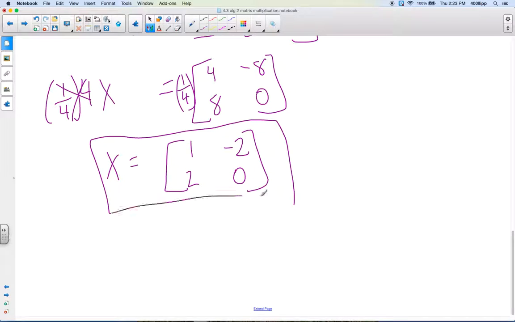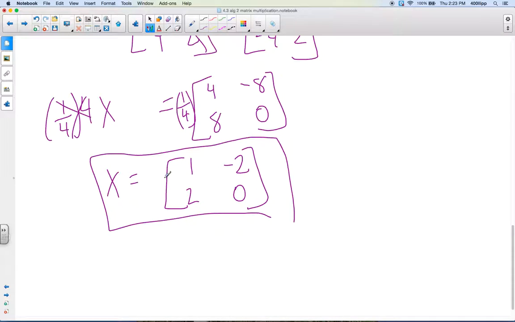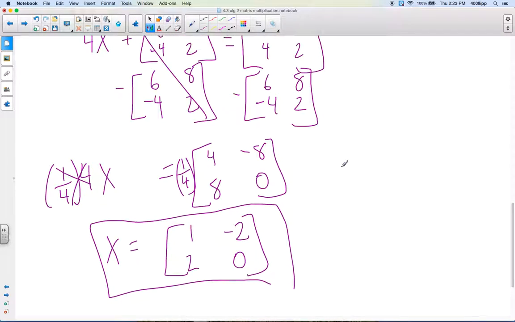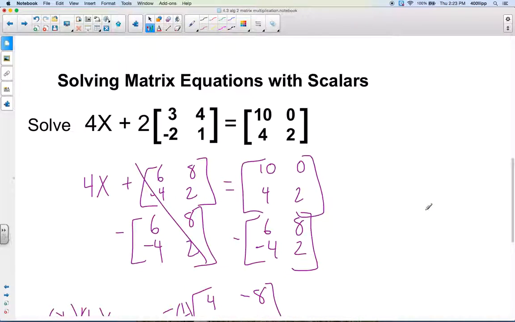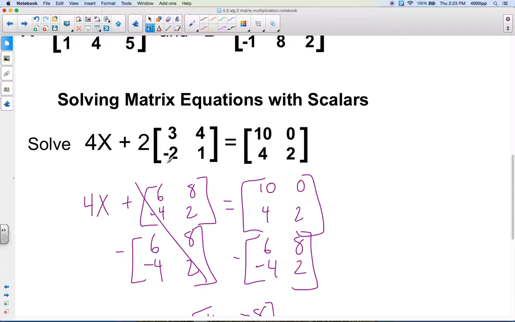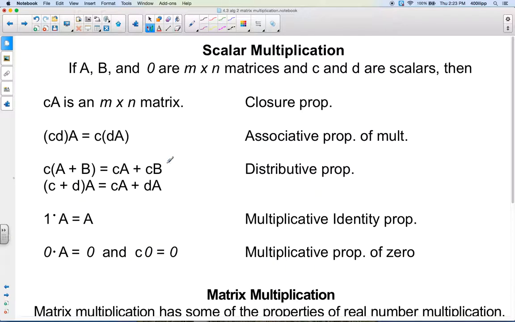You can also take this matrix X and plug it in to make sure that you got the correct answer in the original equation. Here it is.